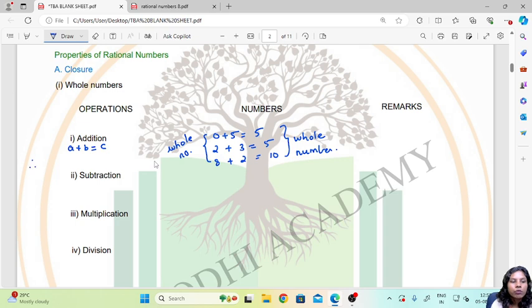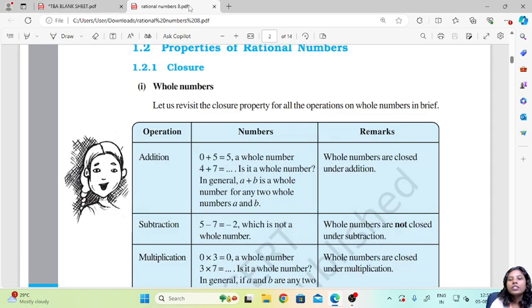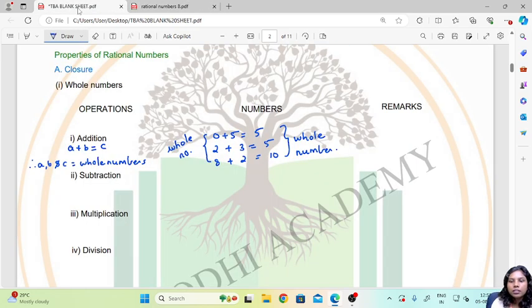So A, B and C are whole numbers. Therefore we can say that the whole numbers are closed under addition.